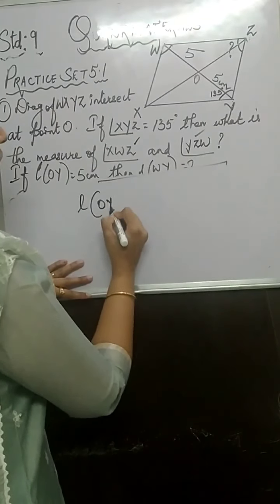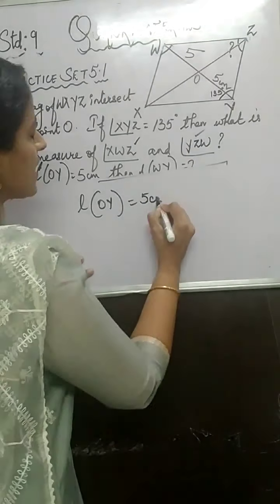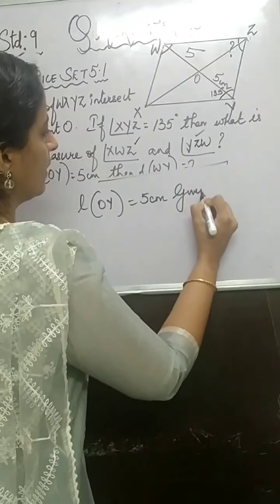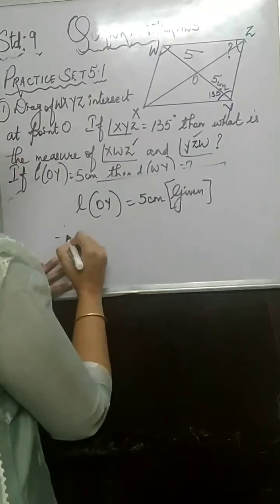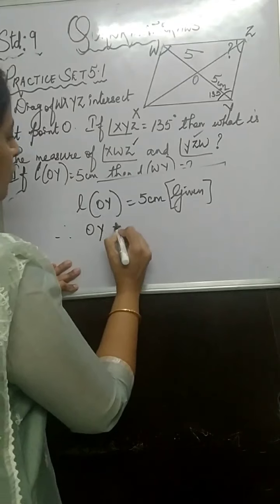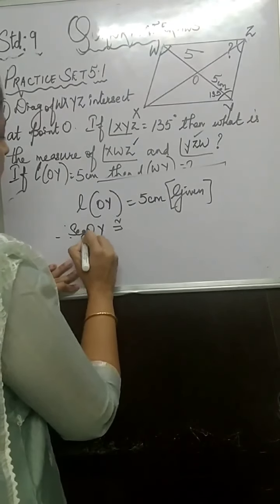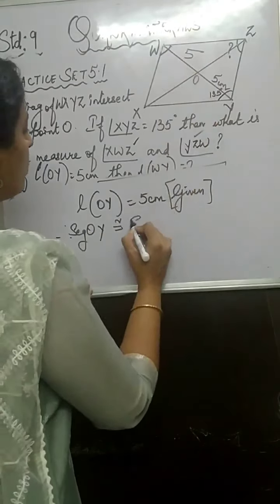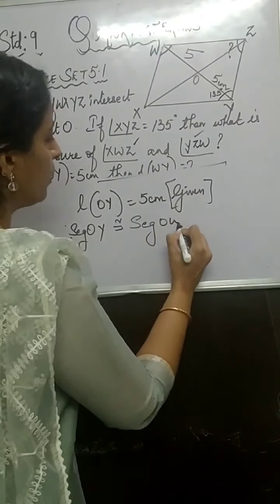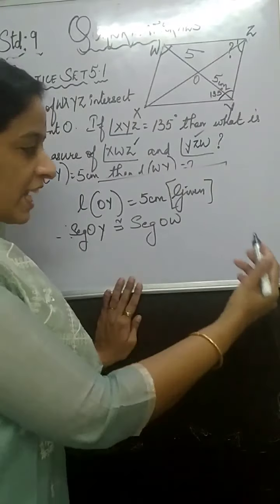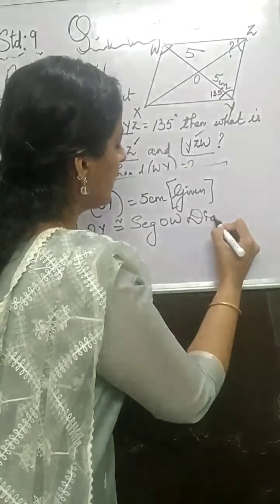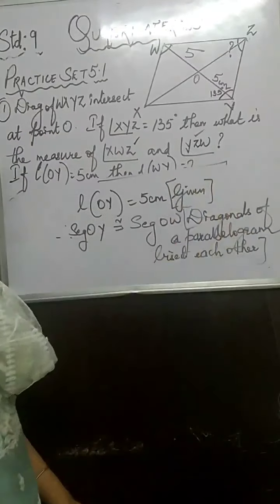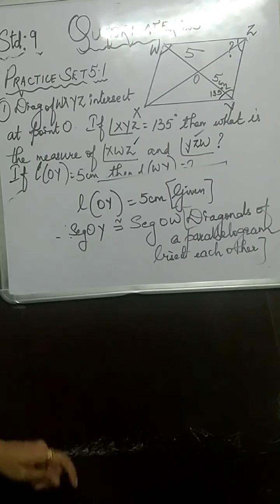Length of OY is equal to 5 centimeter, given. Therefore, segment OY is congruent to segment OW. Here you will write the reason: diagonals of a parallelogram bisect each other.